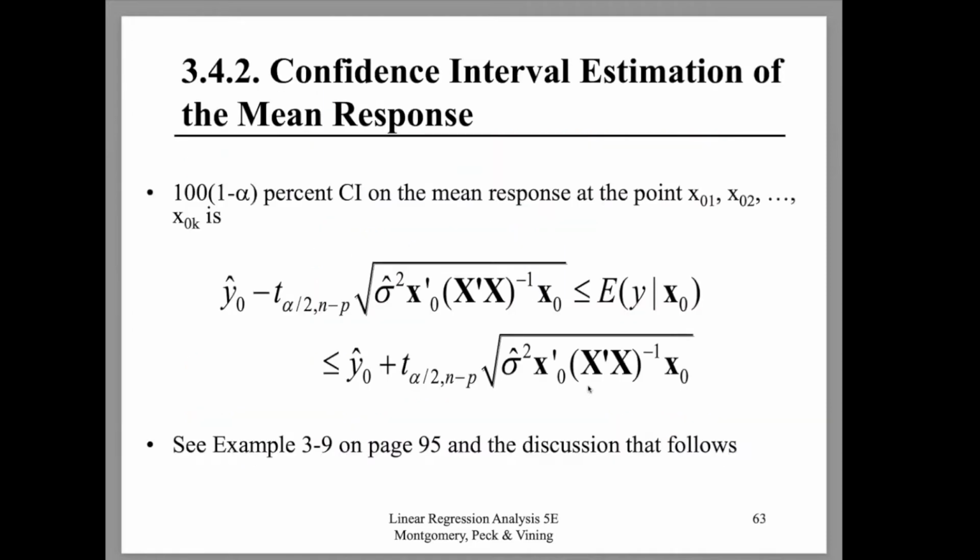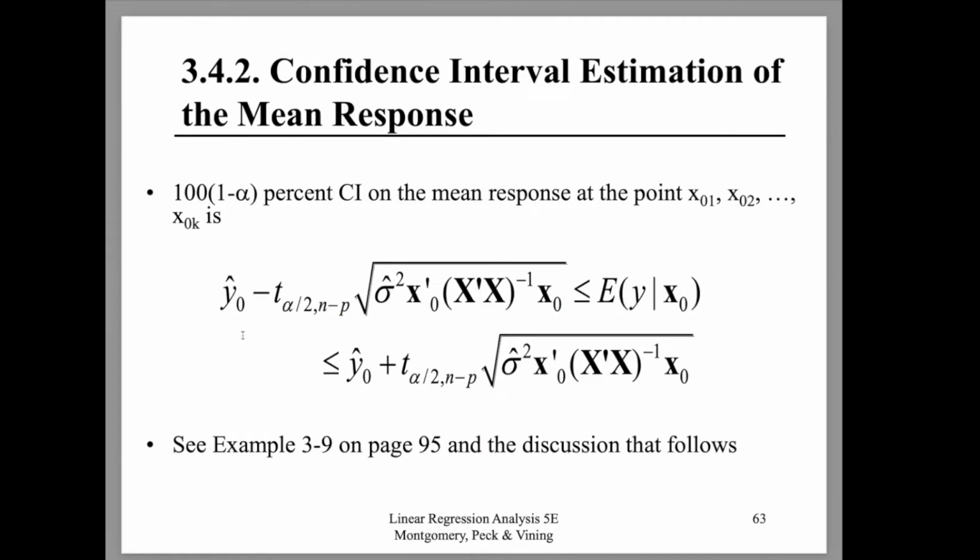All right, and then we also need to be able to estimate the mean of the response variable for a particular setting of the explanatory variables. We need to construct point estimates as well as confidence interval estimates for that mean value. And again, the mean value of the response in a regression model depends on the values of the x variables, the explanatory variables, at which we want to estimate the mean.